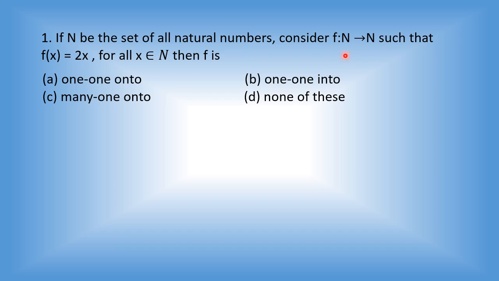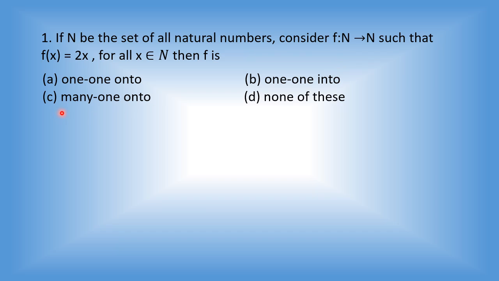In other words, a function is said to be onto if the codomain set is nothing but the range set. Into means there is at least one element of the codomain set which does not have any pre-image in the domain set. That is the definition of into.